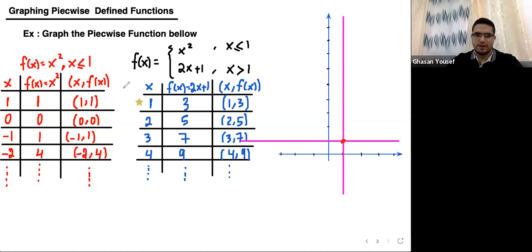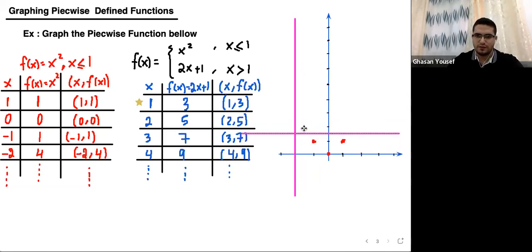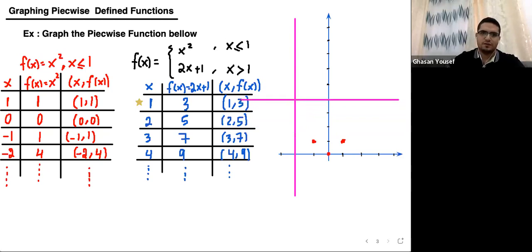The second point is 0, 0, so it should be this point. The third point is minus 1 and 1. So this is my minus 1, and this is my 1 again, so the point should be here. And here I have minus 2 and 4. This is my minus 2 and this is my 4, and so on, all the points down.